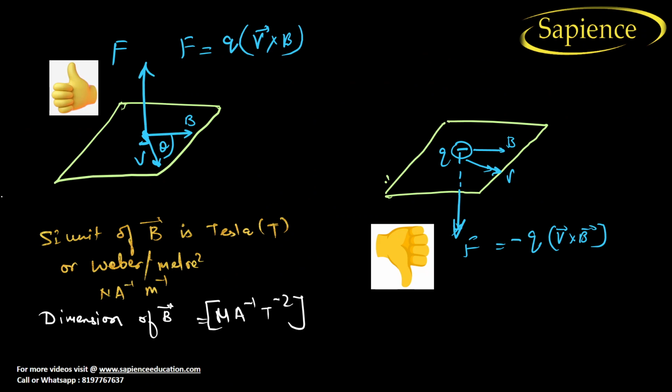Right? So see here, this is the magnetic field, this is velocity v, and this is theta. We have to use the right hand thumb rule so that you can get the direction of the force.